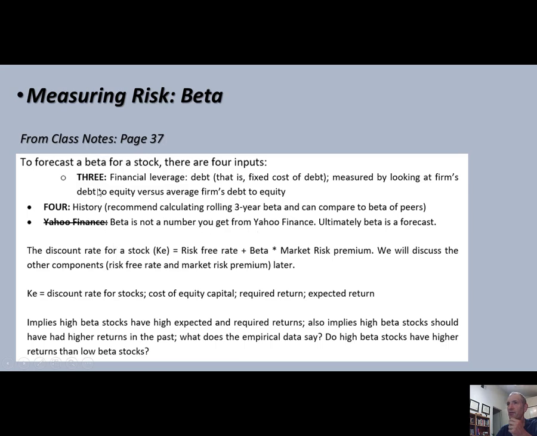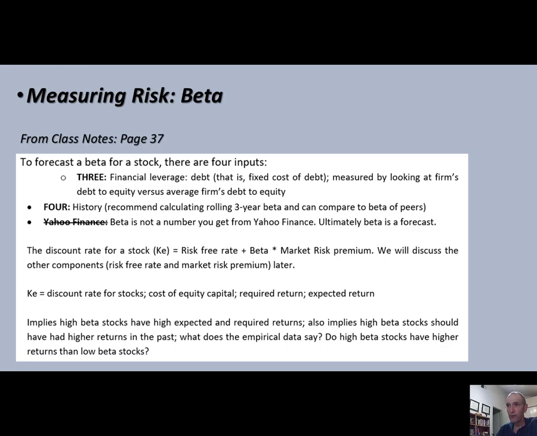So I prefer to use a forecast beta, and you can't really use a forecast beta historically because you're not exactly sure what beta you would have forecast 5-10 years ago. You can get the regression beta 4, 5, 10 years ago. That's easy to do. But what you would have forecast back then, who knows what that would have been. So do high beta stocks have higher return than low beta stocks? Most of the research I've seen says no, that is not the case. So that's definitely a challenge to the capital asset pricing model.